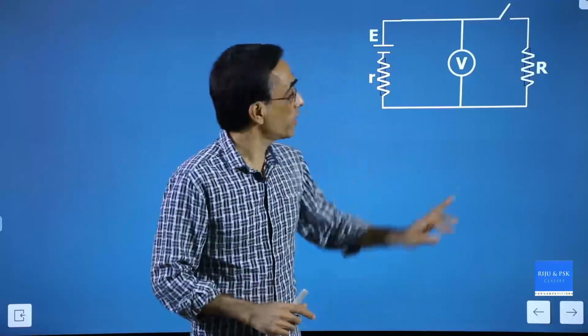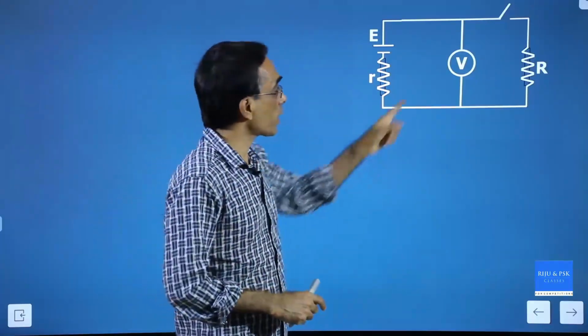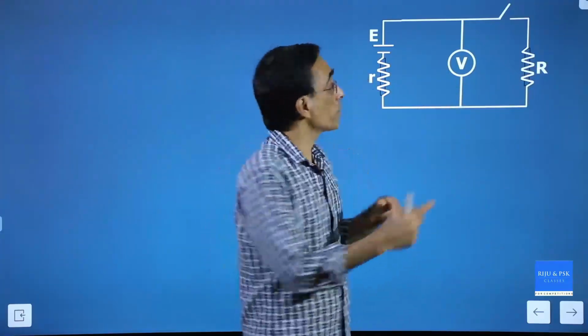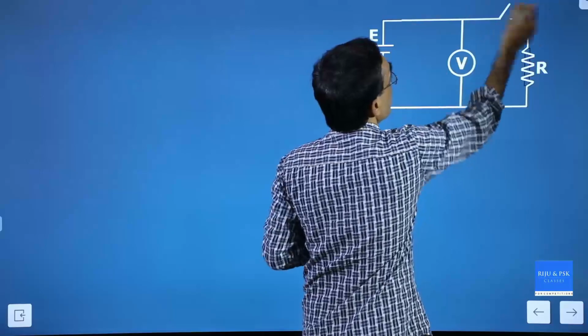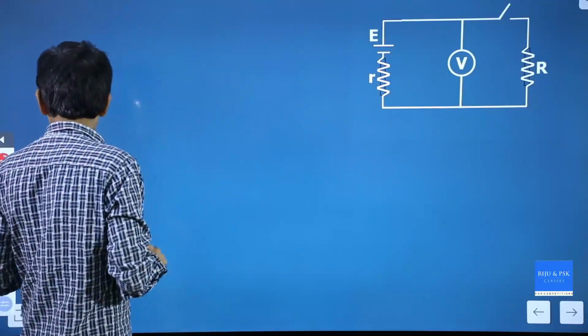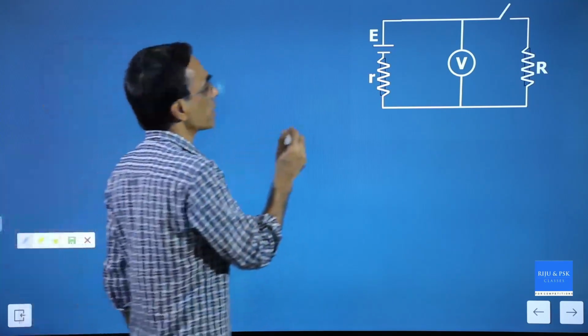I told you in the beginning, the current taken by the voltmeter is negligibly small. Never mind, assume it is 0. So the current taken by the voltmeter is 0. Can this resistor take any current? No, because the path is open. An open path means current cannot flow. I just want to tell you one more important point which can become useful later. What is it?